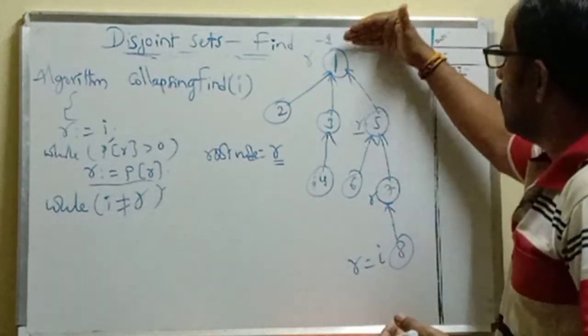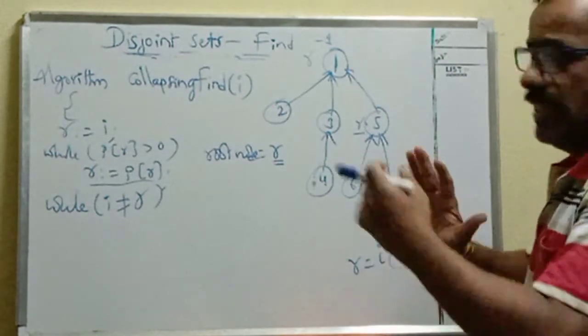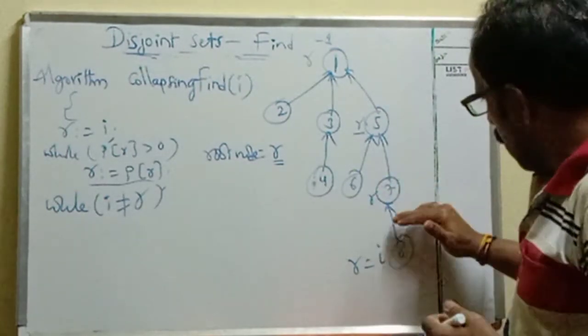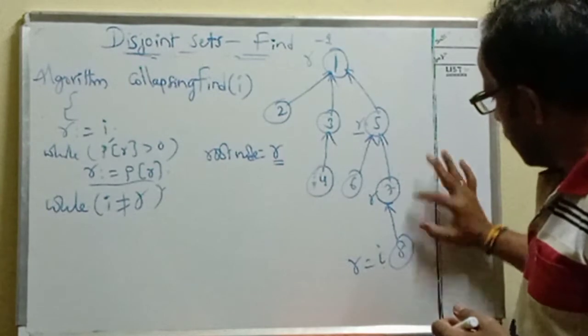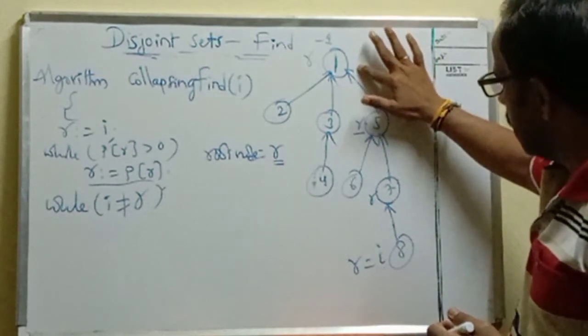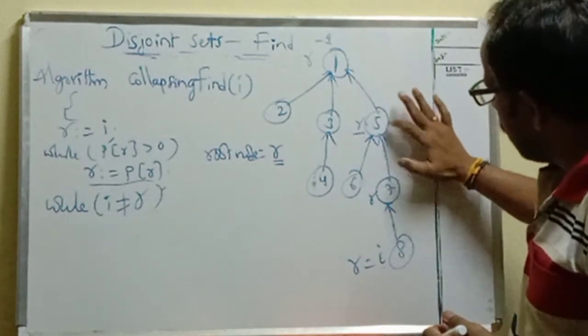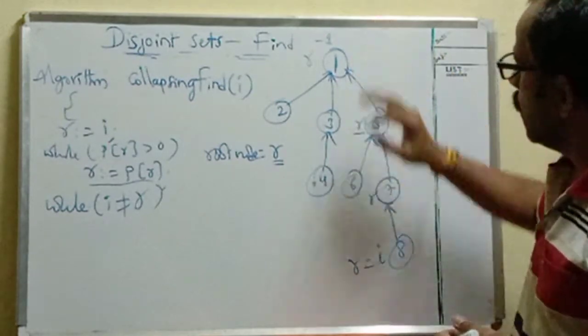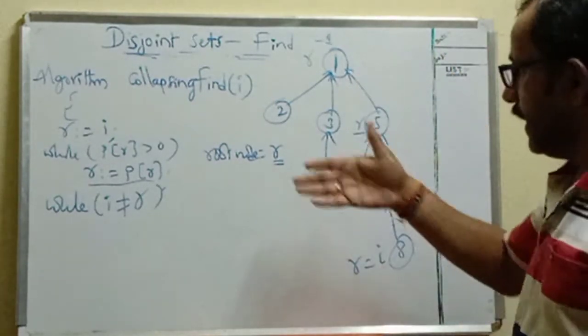I's parent is also a direct edge to the root node. Like that we need to remove all the edges. Remove the edge between 8 and 7 and add 8 to the root node as a direct edge. Remove the edge between 7 and 5 and add 7 to the root node as an immediate child. So I am going to show you that.